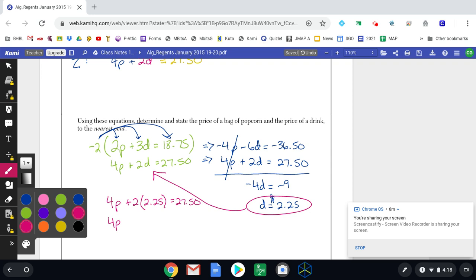So 4p plus 450 equals 2750. Subtracting my 450 from both sides, 4p is 23. So the price of my popcorn is $5.75.